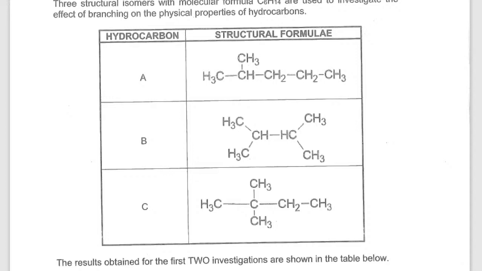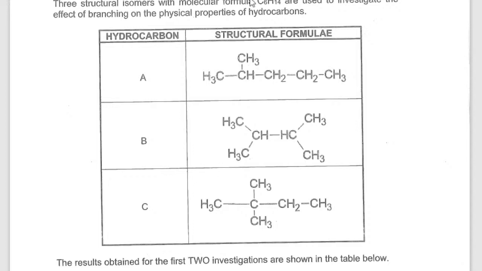Okay, let's go to the next question. They are saying that the structural isomers with the molecular formula are used to investigate the effect of branching on the physical properties of hydrocarbons. Don't forget that we have 3 things when you talk about the properties: the boiling point, the melting point, and the vapor pressure.